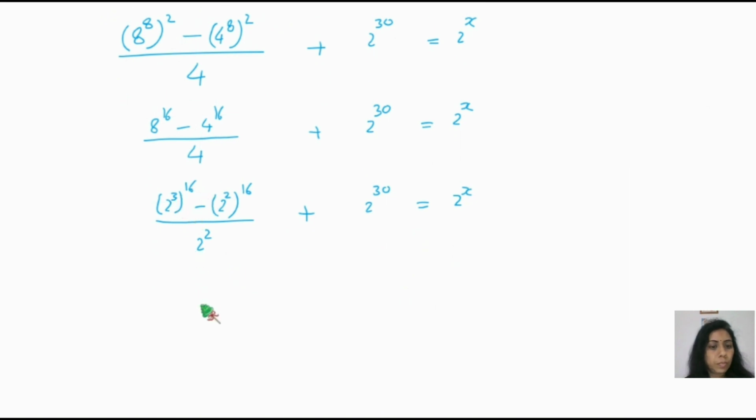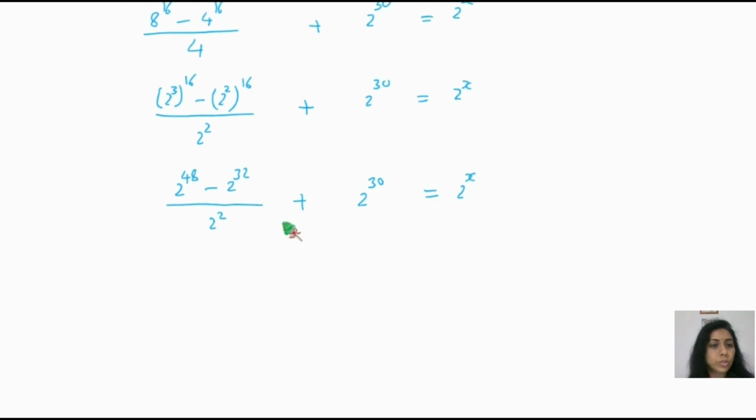Power to the power multiply. So 2 to the power 16 times 3 is 48, 16 times 2 is 32, and 2 square plus 2 to the power 30 equal 2 to the power x.